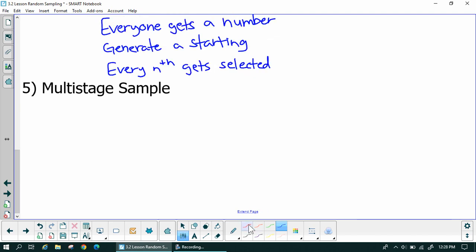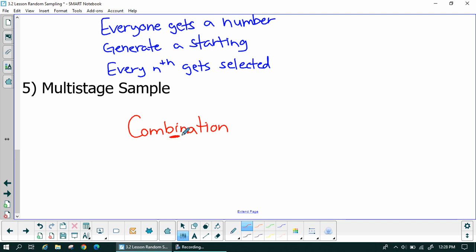And then I know almost all of these have some second layer to them. So stratified and cluster, we group, and then we take a simple random sample. In a systematic, we do generate a random number and then do a systematic sample. But multi-stage would be some combination of these methods. I feel like I spelled that wrong.